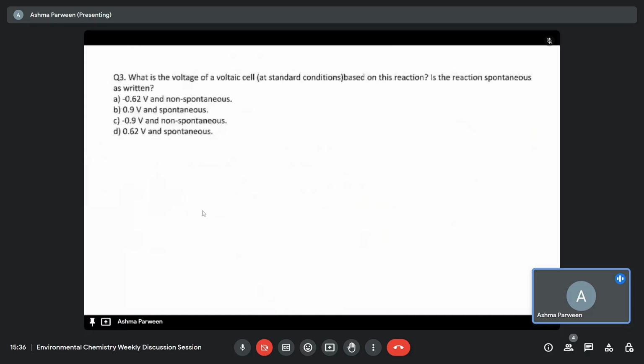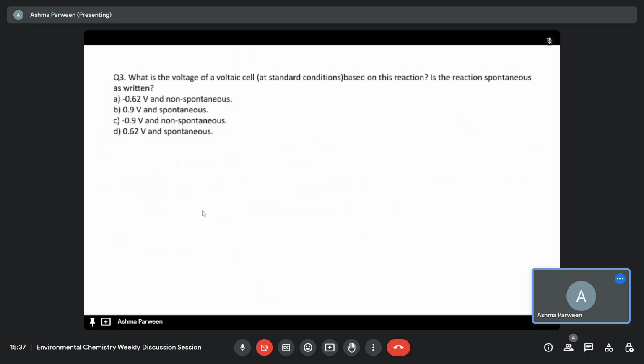So let's move to the next question. It is also a numerical question. What is the voltage of a voltaic cell at standard conditions based on this reaction? Is the reaction spontaneous as written? The reaction is not shown here, so let me write it.